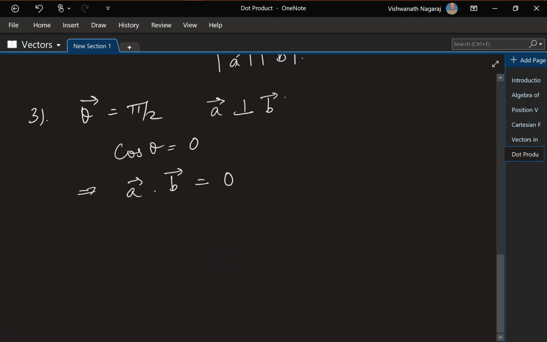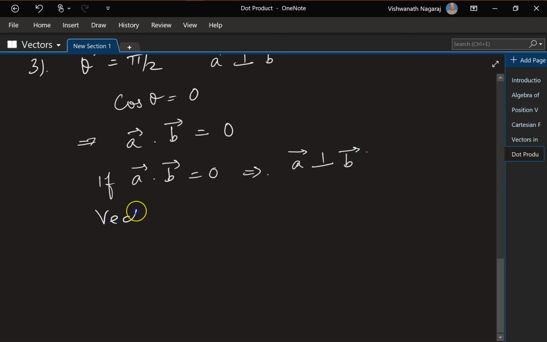Much more importantly, if you look at it from the other side, it becomes more useful. If the dot product is 0, it implies that the vectors are perpendicular to each other. That means vectors are orthogonal.